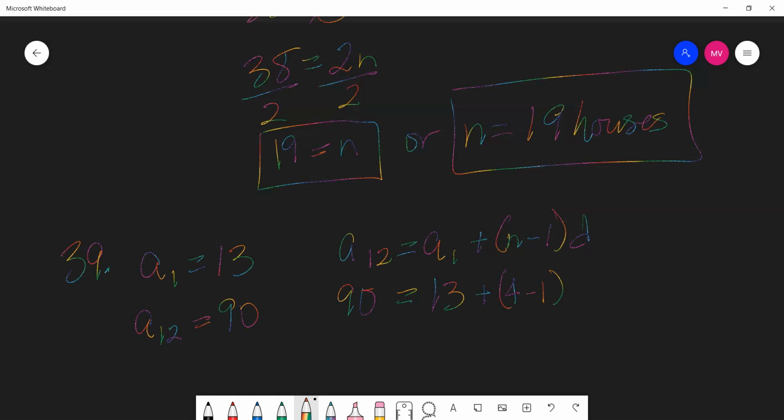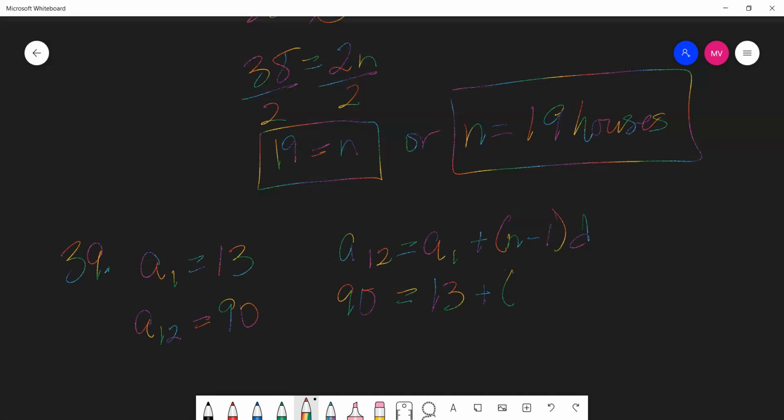Is that right? Hold on, I'm thinking. No, that's not right. N is 12, right? Because we're doing this for position 12. What we're trying to find is the difference. Then we can plug the difference in to find the term at position 4. So difference is our unknown, but right now we're plugging in the term for position 12.